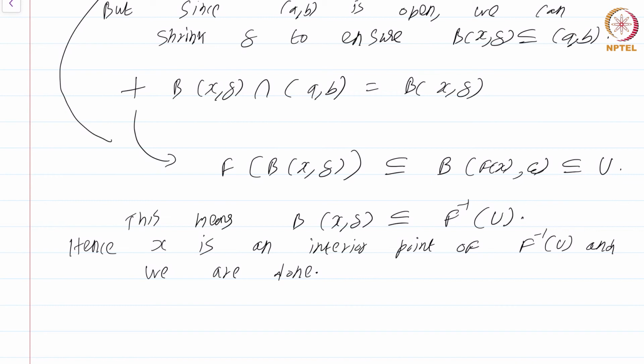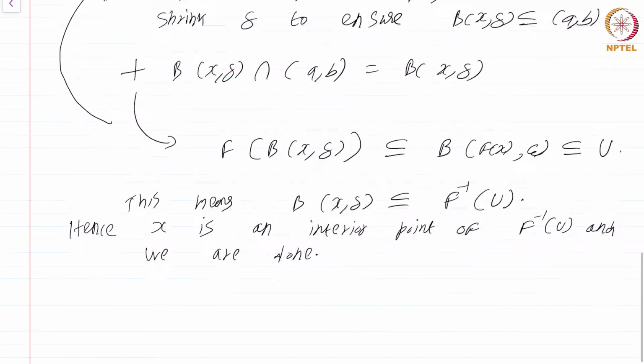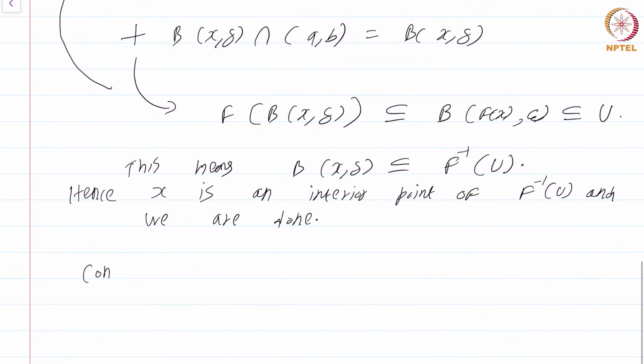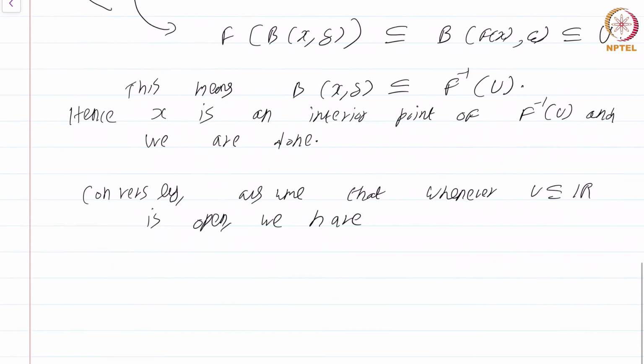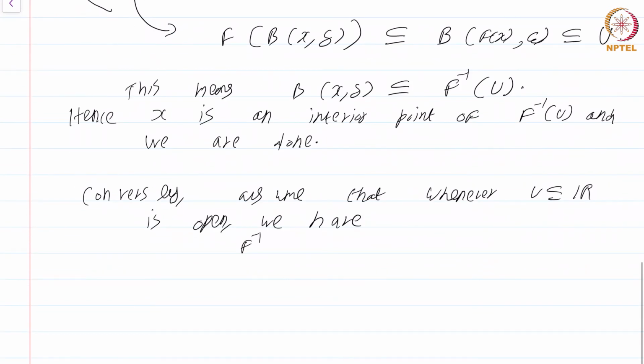Okay. So this proves one direction. Assuming f is continuous, we got this. Now conversely, assume that for U subset of R open, we have f inverse U to be open.